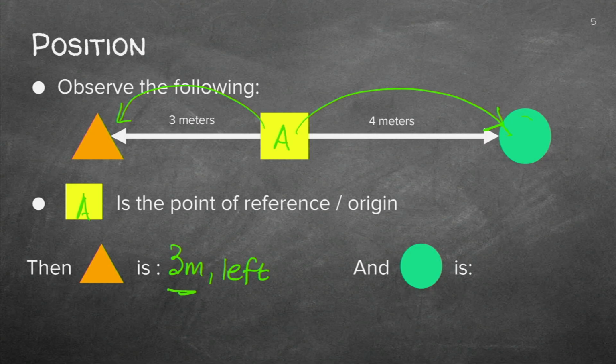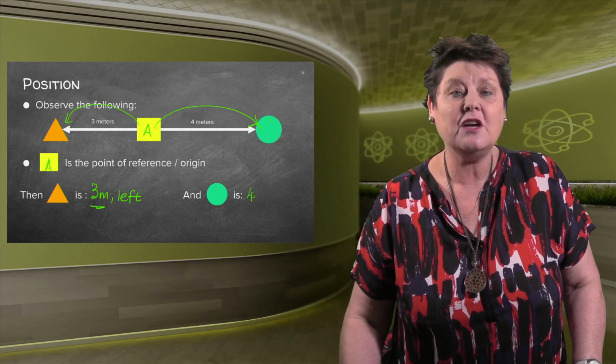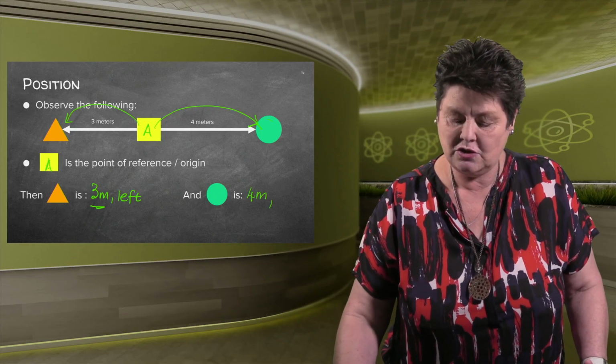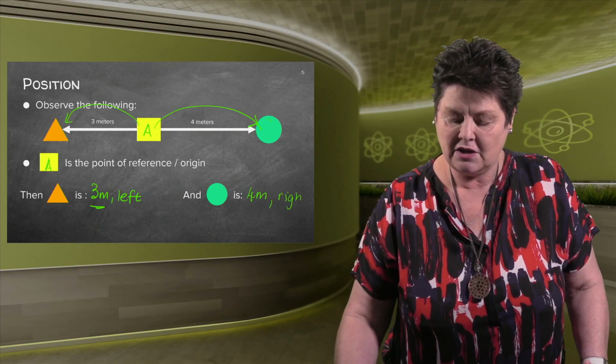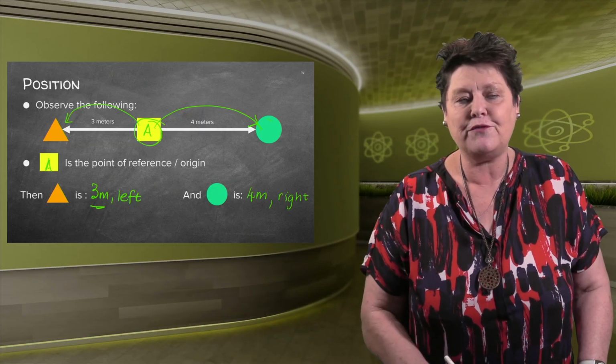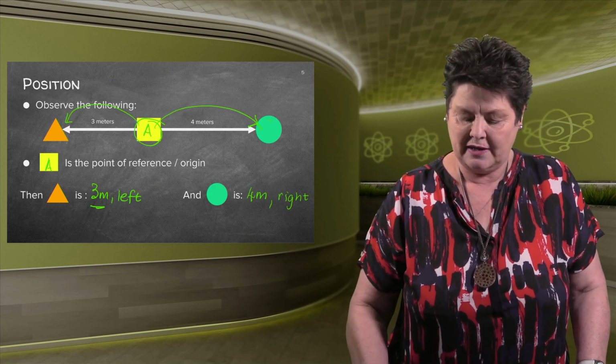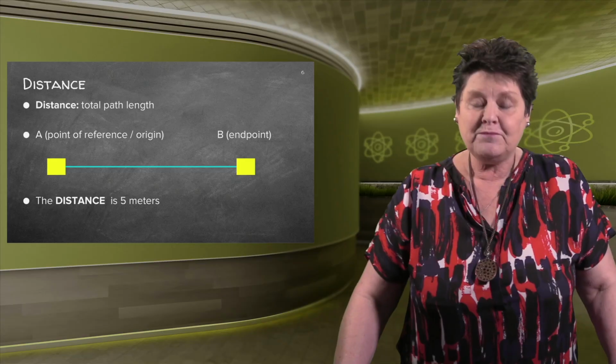Remember, I start with the triangle at the end with the block as my reference. The circle on the other side is 4 meters in which direction? To the right. So it's important that you always say, this is my reference, this is where I'm looking at something, and this is to the left or to the right.